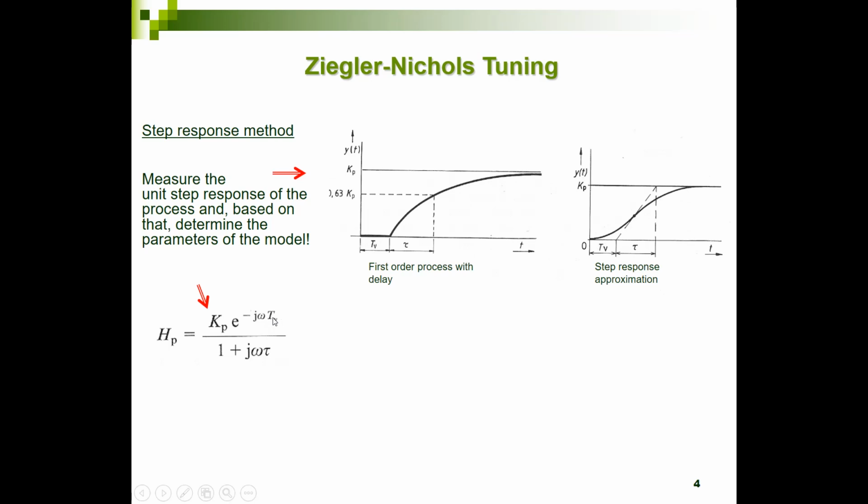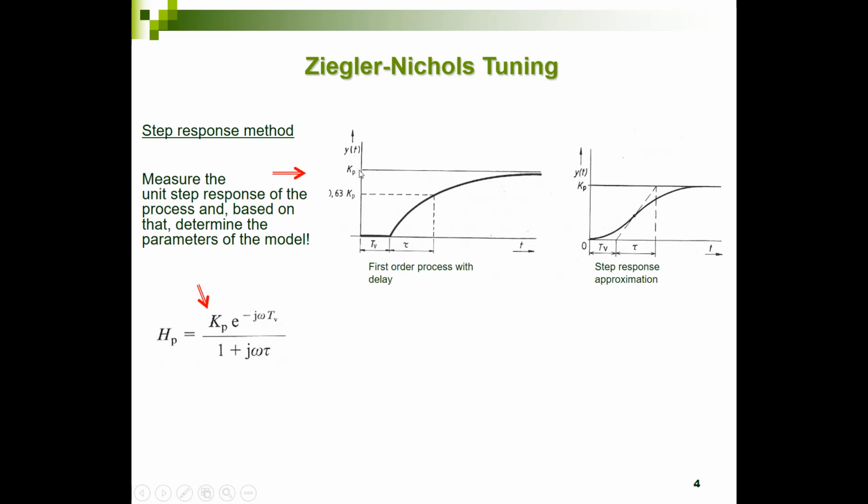So how can we derive tv, tau and Kp? Well, tv is the delay time over here. So it's the difference between the time the output starts to change minus the time that the step has been set to the input of the system. Tau can be derived by looking at the 60% value of the end value of my system, and then look at the time at which this value occurs, and the difference between that time and the starting time of my output curve is my time constant tau.